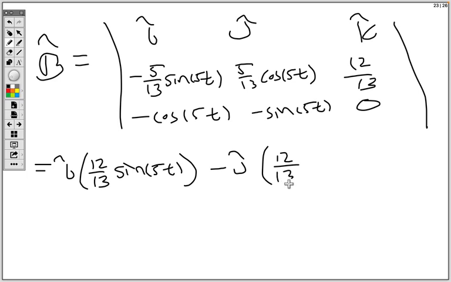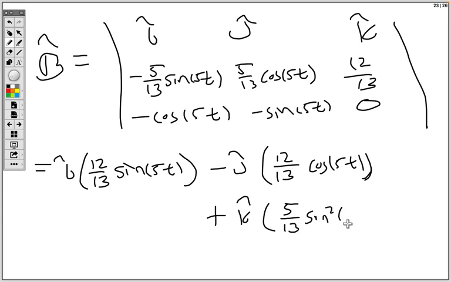So that's a positive 12/13 cosine 5t. Plus k hat times, eliminate the row and column the k hat is in. We get a positive 5/13 sine squared 5t minus a negative, so that would be a positive 5/13 cosine squared 5t. So we're going to get some Pythagorean magic there.